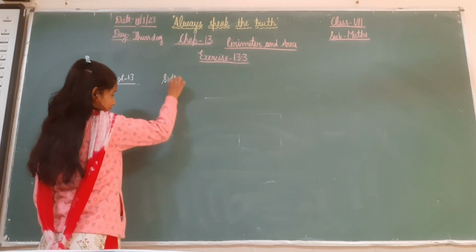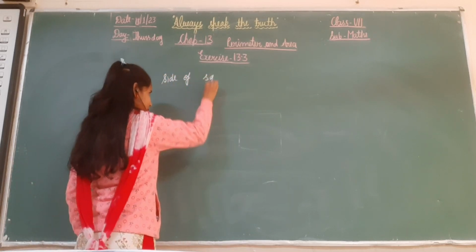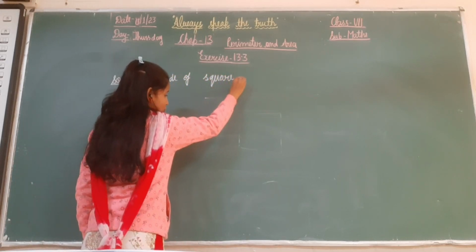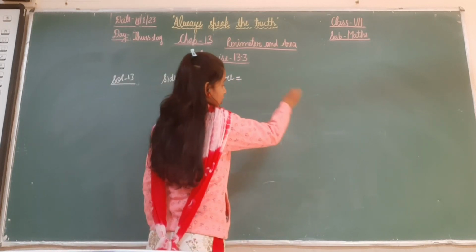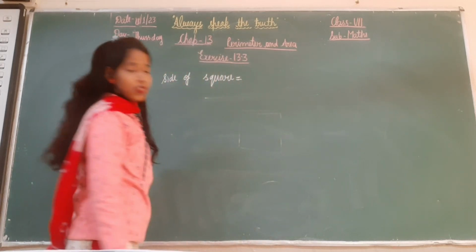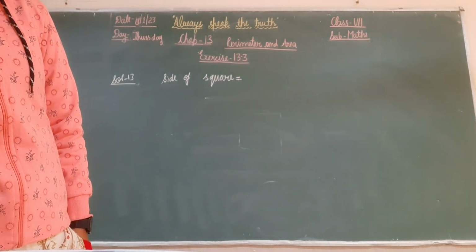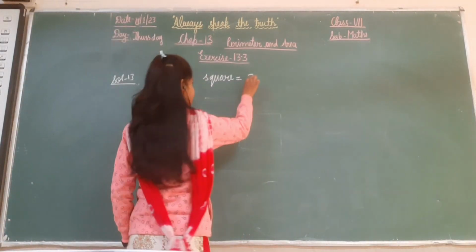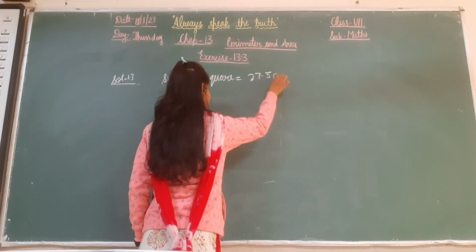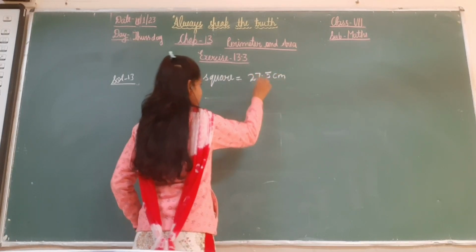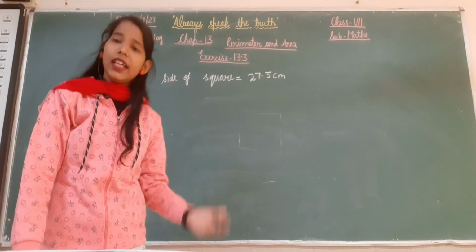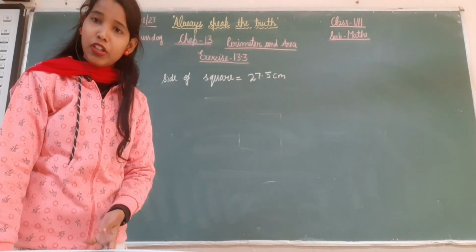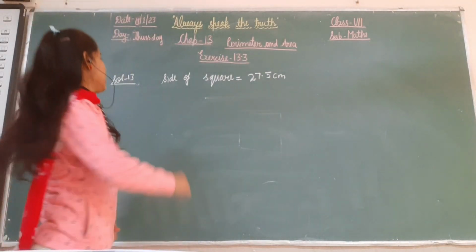So write down side of the square, and side of the square is 27.5 centimeter, right? Now we have to find the perimeter of the square.